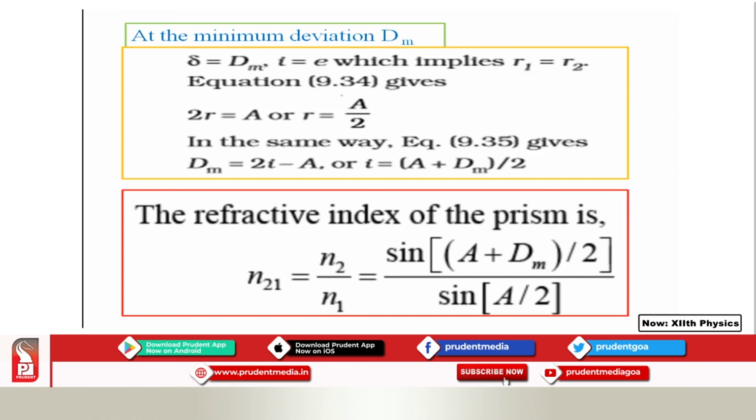In place of I I have written this, and in place of R I have written A by 2. So, this is your refractive index for the prism, from Snell's law. A very important equation.